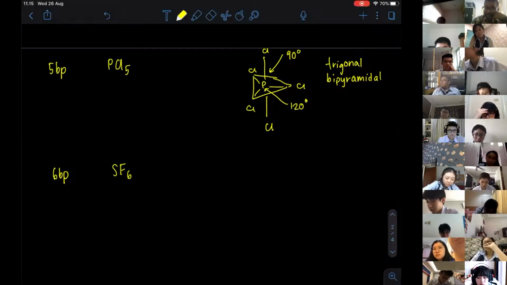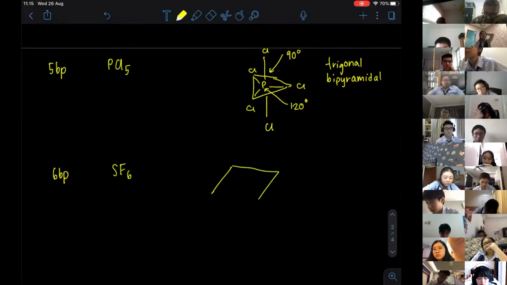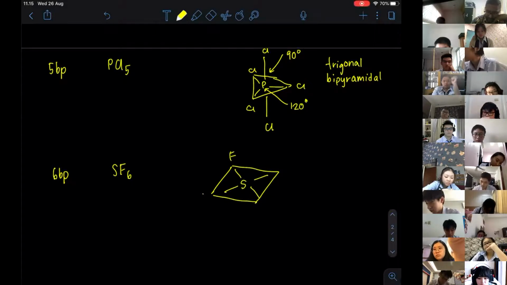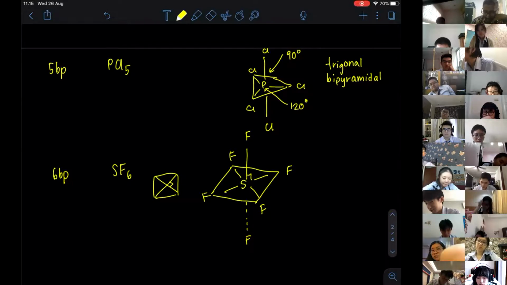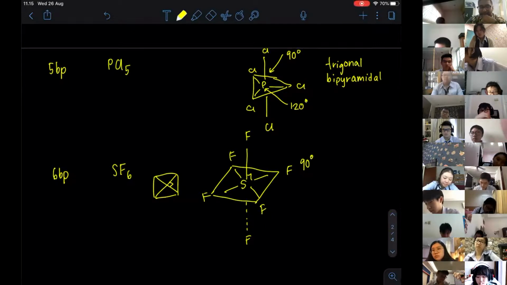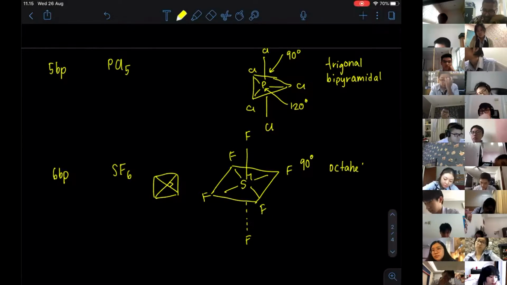So if you want to have 6 arranged, imagine something like earlier, but now there is a square: S, F, F, F, F. On top, there's another F. Below, there will be another F. So if you have a square, we divide, each one is 90, and this one is also 90. So the bond angle of all is going to be 90 degrees. And the shape, we call it octahedral.